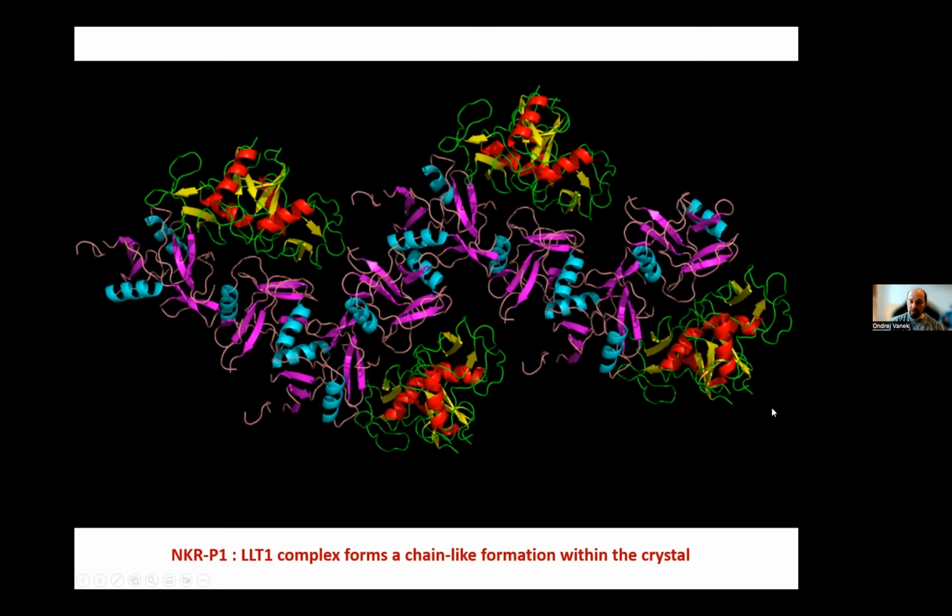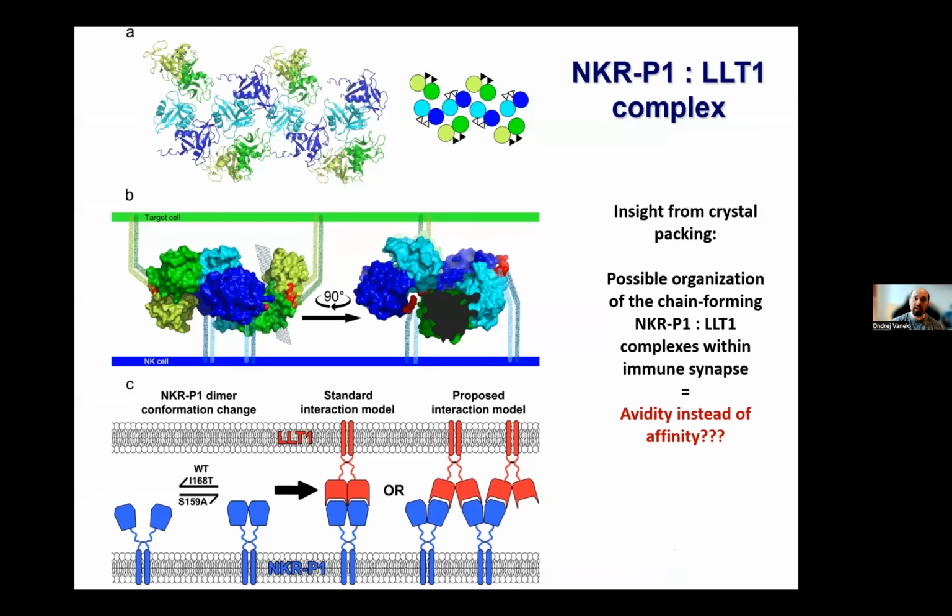So the question was, is this kind of chain-like oligomer formation just something that we can see in the crystal based on how the crystal was formed, or could it actually happen on the cell surface? Could this be the way the two proteins overcome their relatively low affinity?